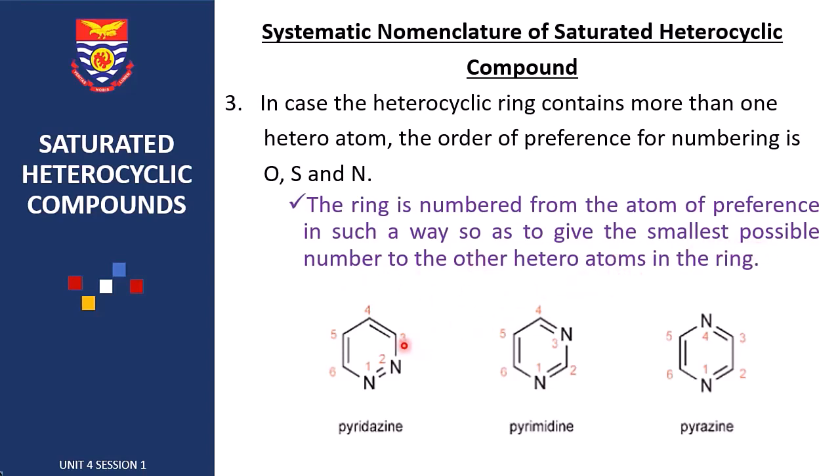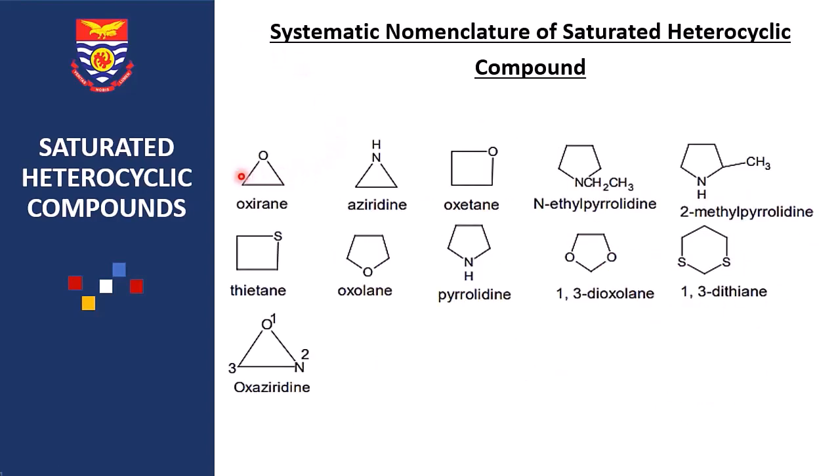So this is basic in organic chemistry nomenclature. Here we count anti-clockwise and not clockwise. Similarly, here we count anti-clockwise, but in this particular case, clockwise or anti-clockwise will still give us the same name. So these are other examples: oxirane, a three-membered ring with just one heteroatom.